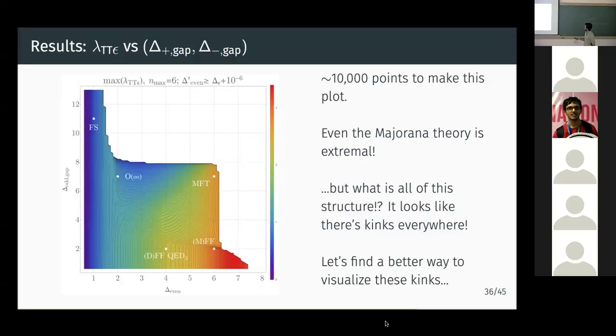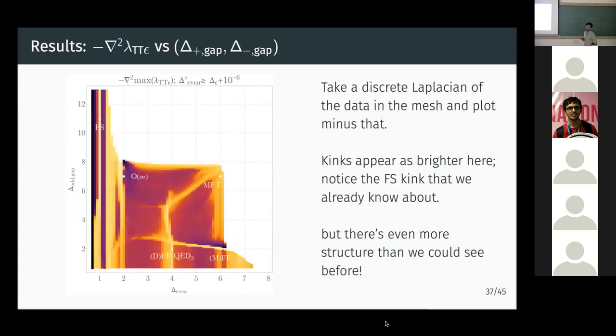So that led me to think, what happens if I loosen the assumptions further? So go back to the whole big plot and ask across the entire plot, what happens if I maximize this scalar's OPE coefficient? And you get a lot of structure that's quite hard to see. So I took a discrete Laplacian here just to highlight where there's a turnaround point. And there are these very sharp features, one that corresponds to the free fermion, one that corresponds to the complex free fermion, and it's a little bit hard to see again, but there's this large feature here, large feature here, large feature here.